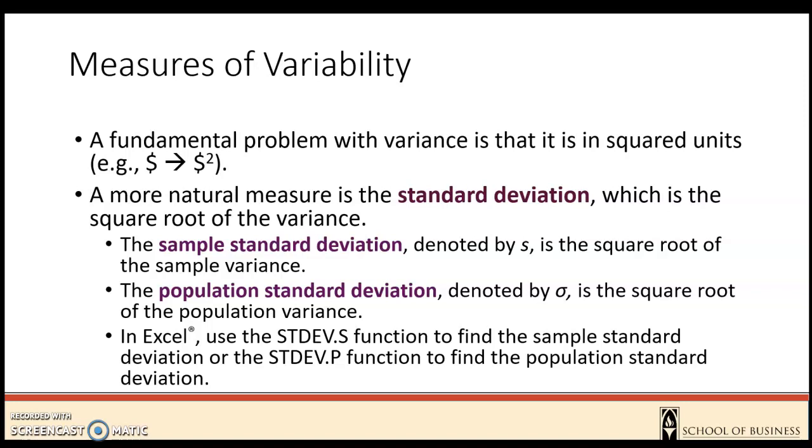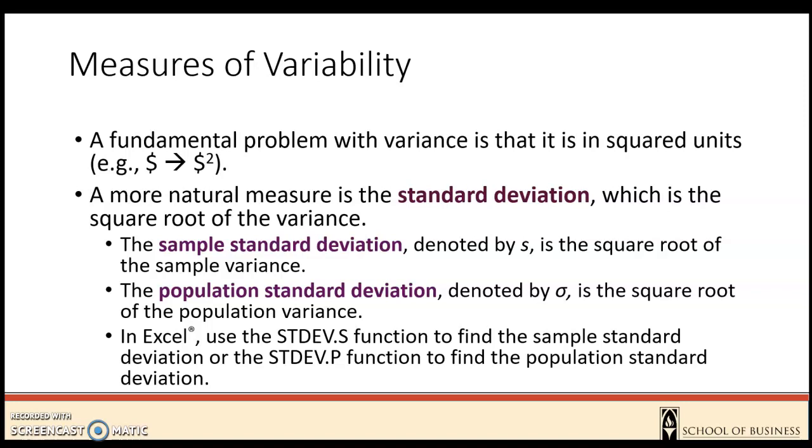So the variance gets rid of all those nasty negative numbers, and then the STDEV gets rid of that squared number. And once again, we have a sample standard deviation, we have a population standard deviation, so S and sigma respectively, and we can use STDEV.S to find the standard deviation of the sample. STDEV.P will give us the standard deviation of the population.